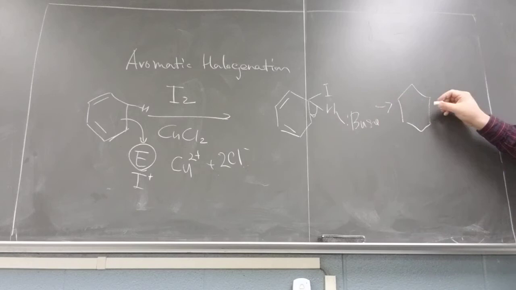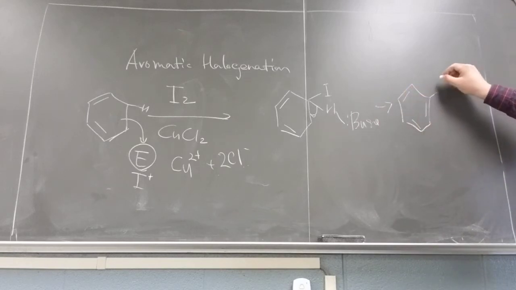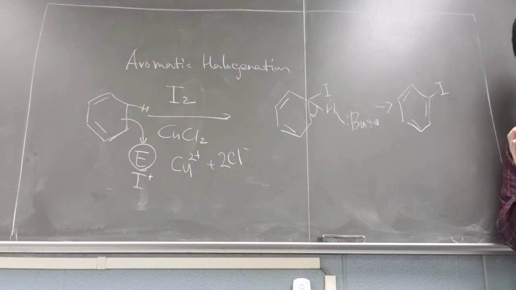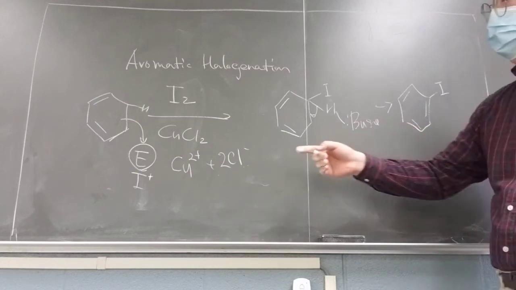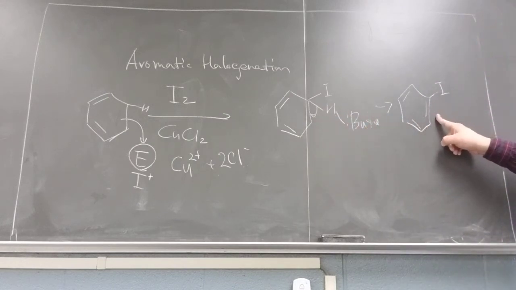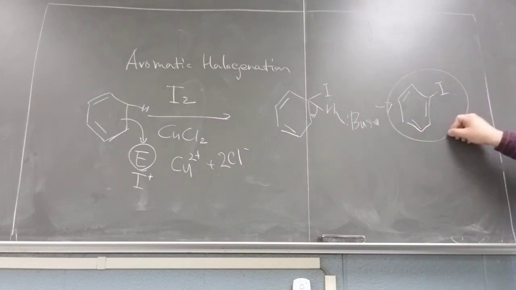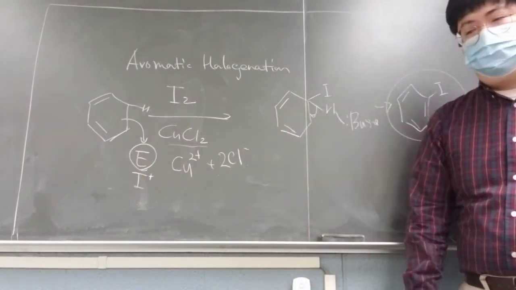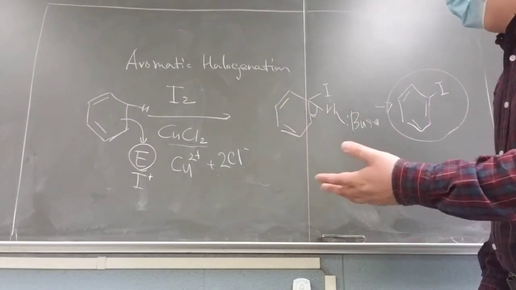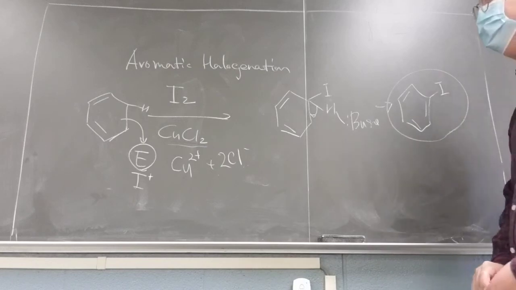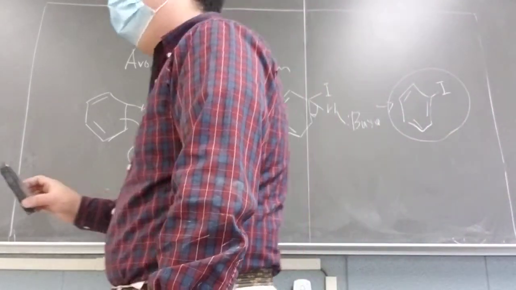It's the same process anyway, but as you can see, it's just simply another type of electrophilic aromatic substitution. So once you get to here, it's picked up by base and goes to the double bond again. So you have iodination here, which is quite similar but just slightly different in the types of products. So this is one way. Okay. Does it make sense?